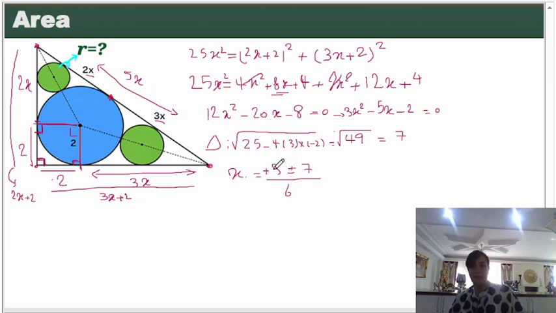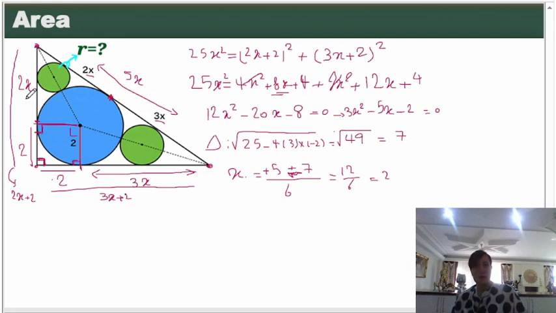If I get negative 7, I will get x negative, so I cannot accept it as a length of the sides, because the length is always positive. So I only accept the positive of this formula. So I will get 5 plus 7 gives me 12 over 6, x would be 2. I find here x is 2.